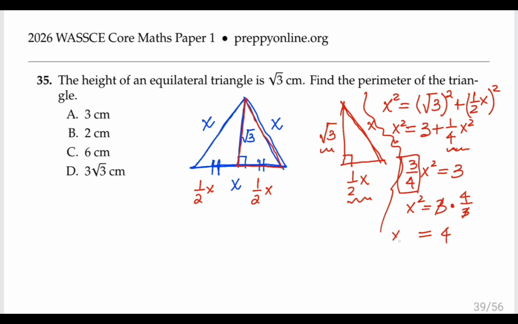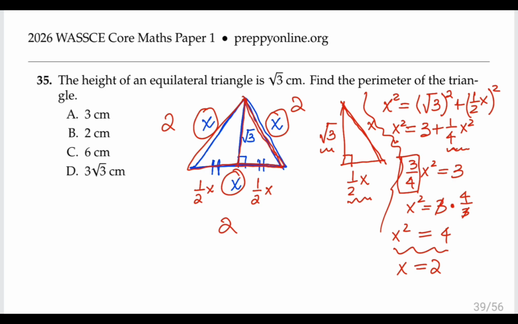So if you have x squared is equal to 4, then x is equal to 2. So the length of this side is 2, the length of this side is 2, and the length of this side is 2. So if you're looking for the perimeter, which is the distance around the whole thing, it is 2 plus 2 plus 2, which is 6 centimeters.